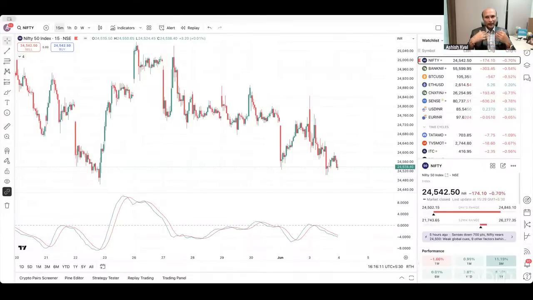If I am going to buy an option and I can see that the momentum is reducing on the buy side, call option I'm talking about, I will not buy a call option. I might want to sell options. So the KST indicator helps me to take a judgmental call whether I want to buy an option or I want to sell an option. That is decided by one indicator, which is KST.